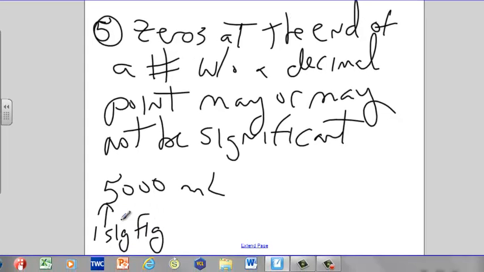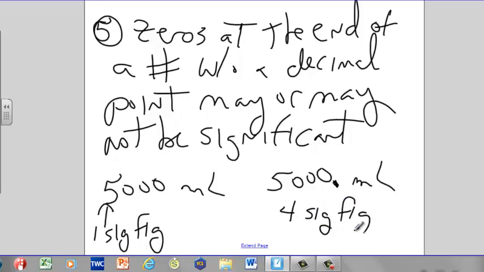If, on the other hand, I want to say I really meant all of them, I want this to be 4 significant figures. As an indication of that to you, the reader, I would write 5,000 with the decimal point. If I explicitly put that decimal point in, I am telling you that I want that to be 4 significant figures.